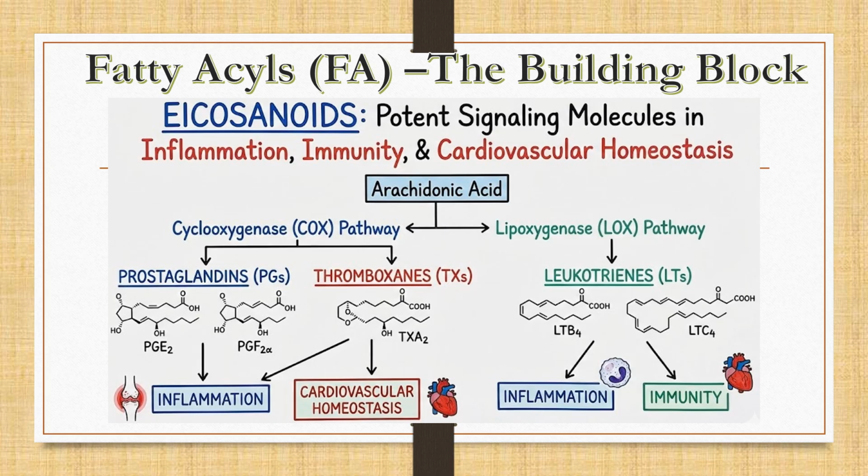Structurally, eicosanoids include prostaglandins, thromboxanes, and leukotrienes, which are formed through enzymatic oxidation of fatty acids. They have very short half-lives and are rapidly inactivated after exerting their effects.